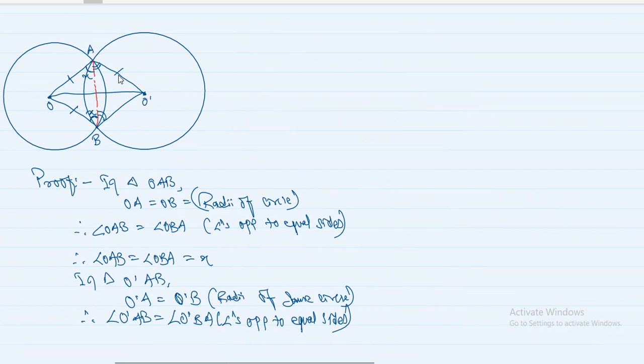So this side is equal to this side, radii of the circle, and this angle is equal to this angle. So let angle O dash AB is equal to angle O dash BA is equal to y.